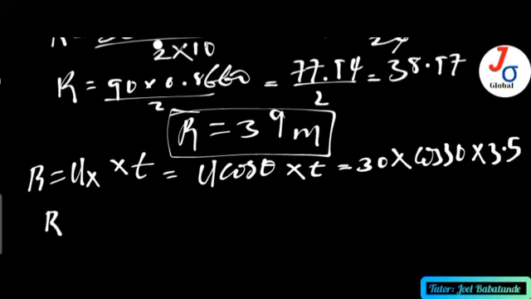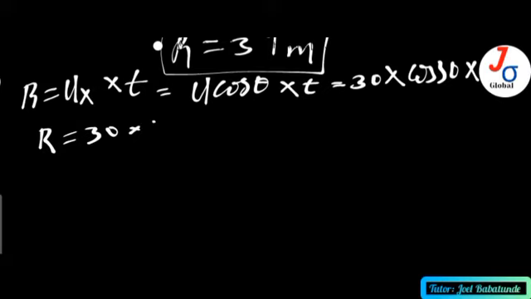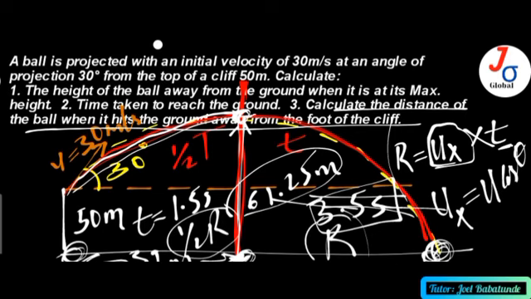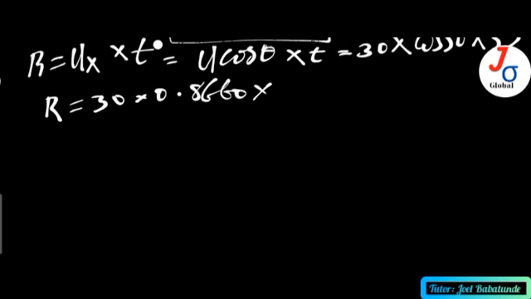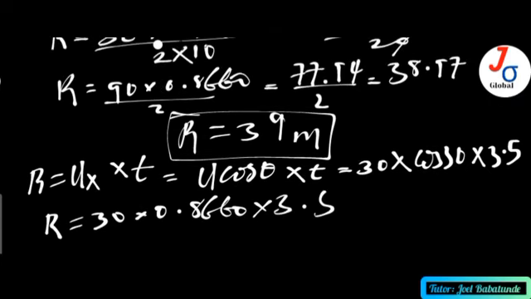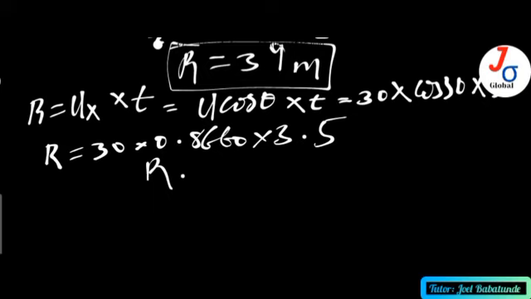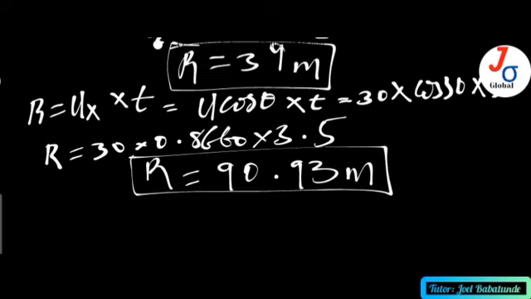So R becomes 30 multiplied by, so cos 30 is actually 0.8660, multiplied by 3.5, and so our R becomes 90.93 meters. So that's our R for that.